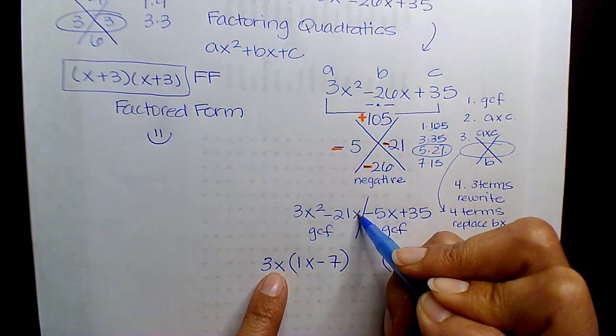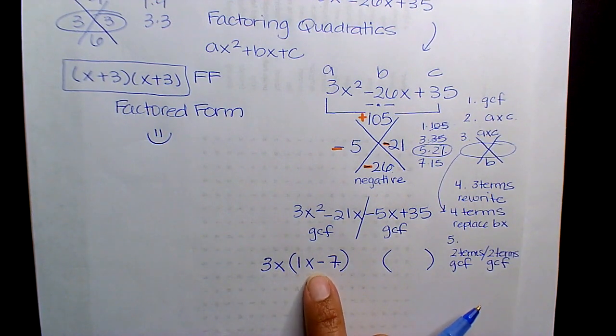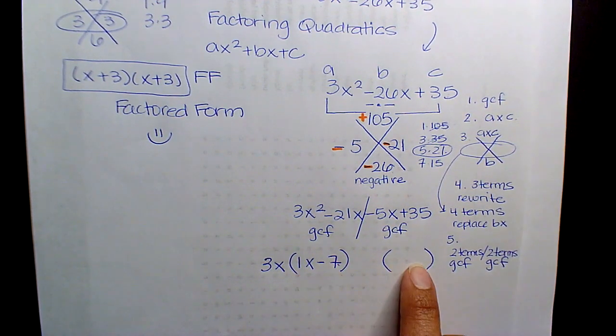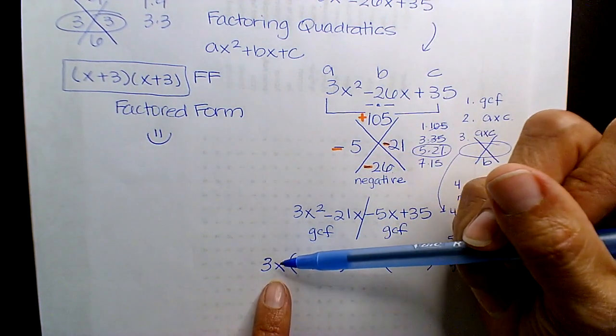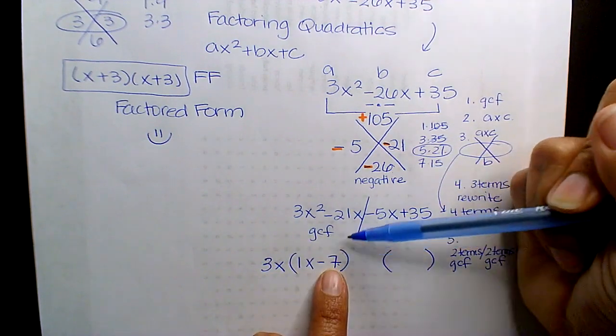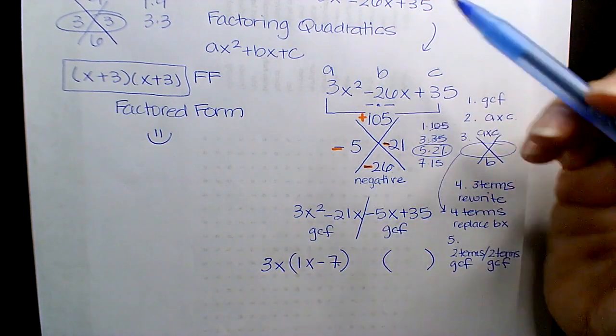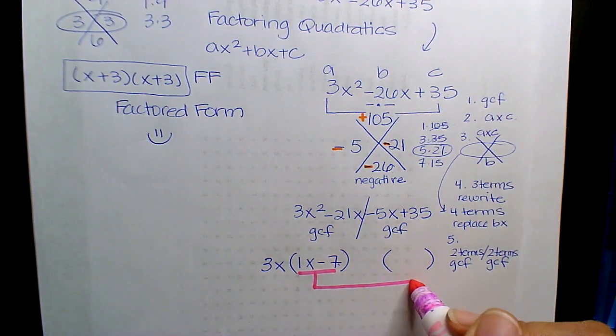I had 1x, I took it out, there's none left. So I know I wrote 1x minus 7, but eventually over here I'm going to write x plus 7. All right, you know you GCF'd correctly because what's 3x times x? 3x squared. What's 3x times negative 7? Negative 21x.